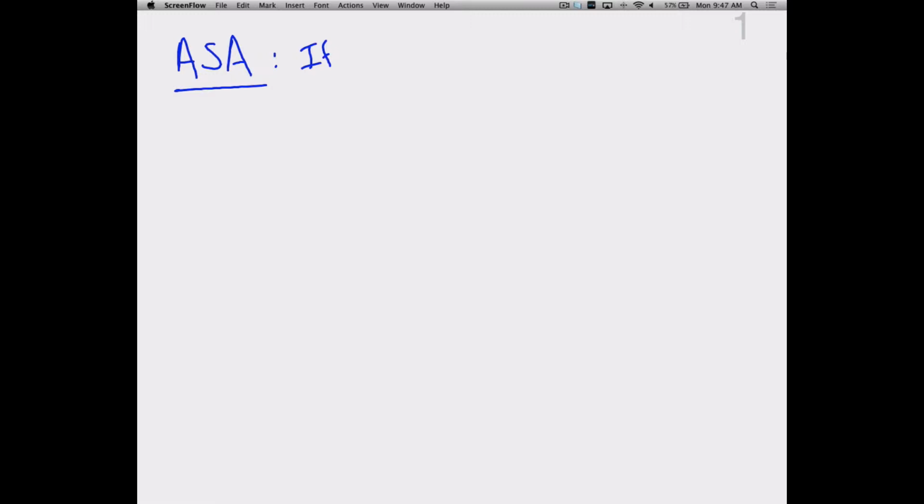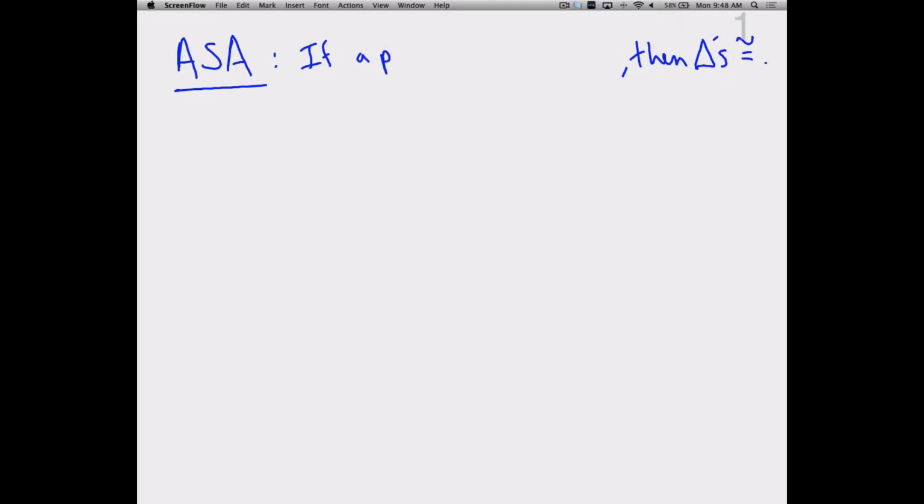If the triangle is congruent, then... No, we got to go the other way around. We want to end up with the triangle. So, comma, then triangles are congruent. That's where we want to end. Where do we start? If an angle and a side and an angle are congruent, then the triangle is congruent.